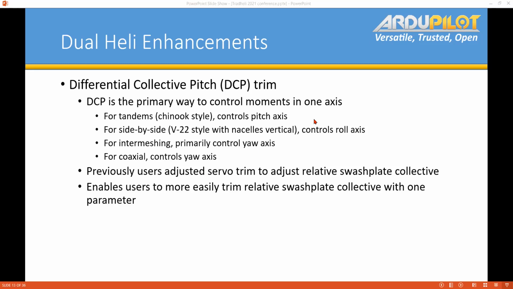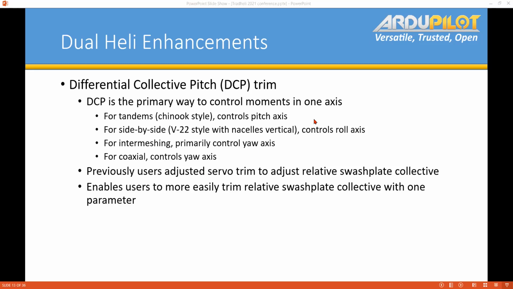And then we have two others, and I'll talk about the intermeshing, but they can use differential collective pitch there as well. But in any case, the big enhancement here came about because of a user in Germany who flies scale model Chinooks and was having difficulty always finding it.